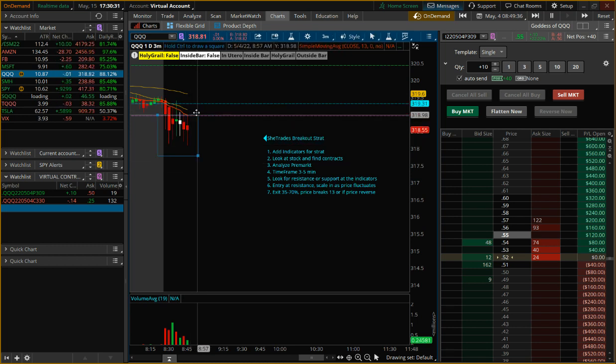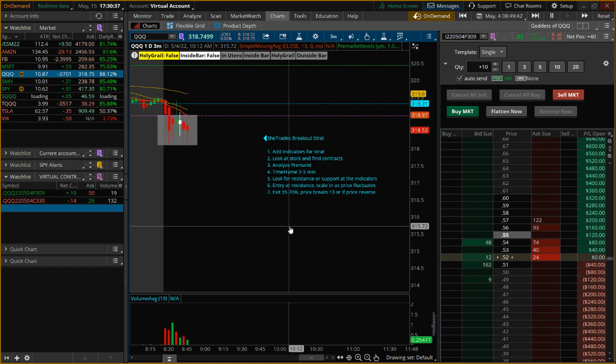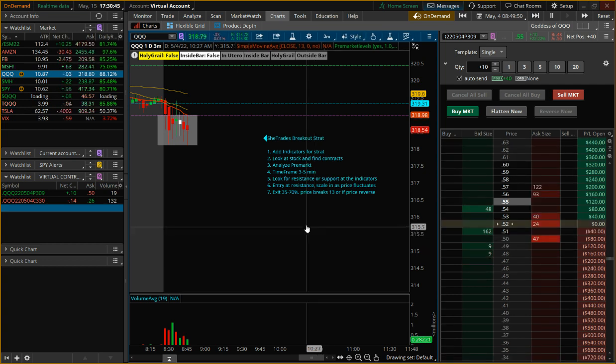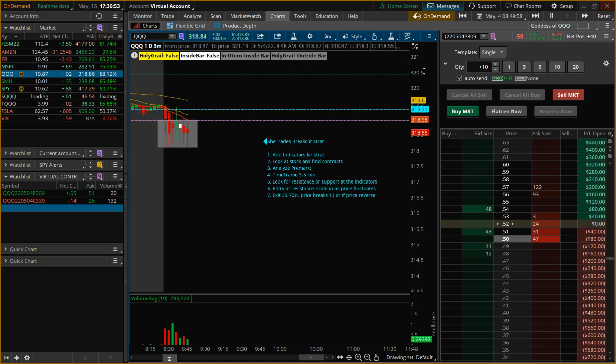We can bring our resistance down because right now it's just resisting the pre-market low. Now we're back down 4%.